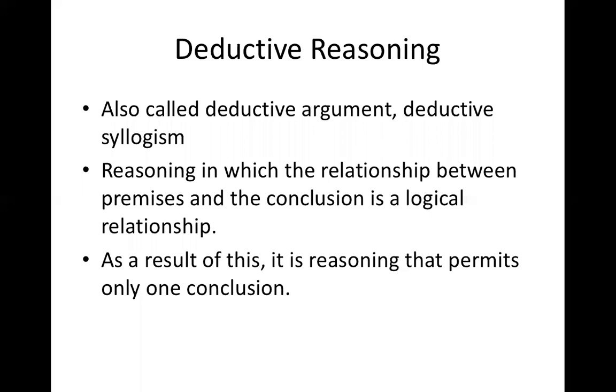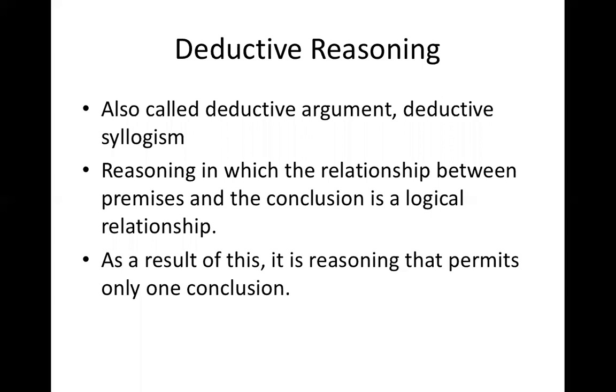Now, deductive reasoning is also called deductive argument, deductive syllogism. This is reasoning in which the relationship between the premises and the conclusion is a logical relationship. The relationship between the premises and the conclusion is a logical one. So because of this, it is reasoning that permits only one conclusion.